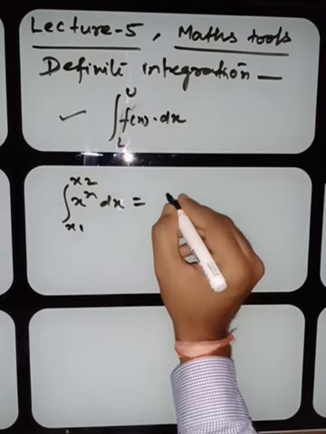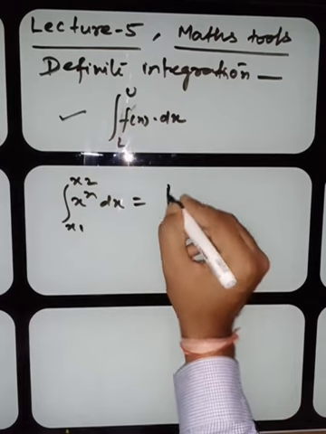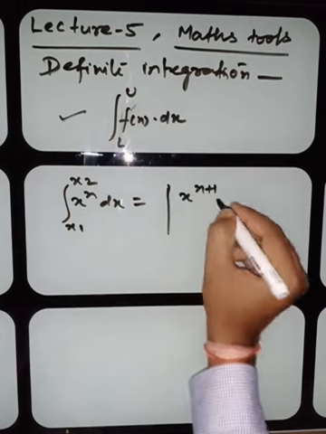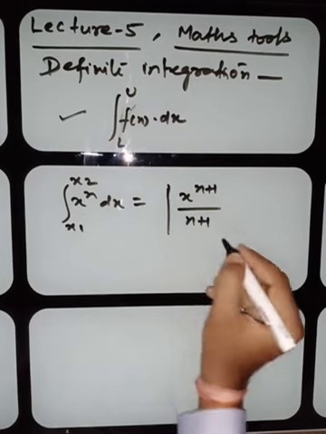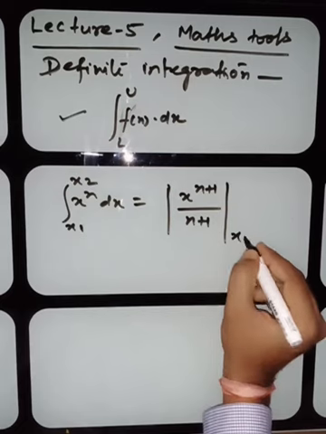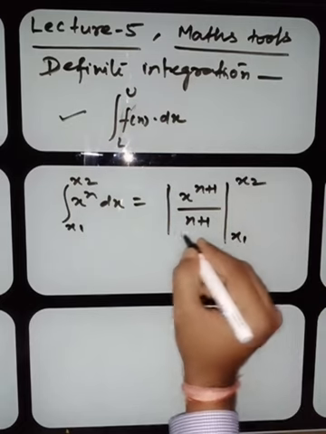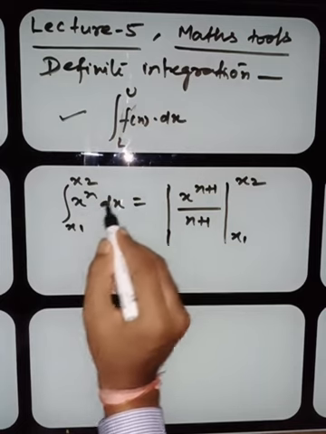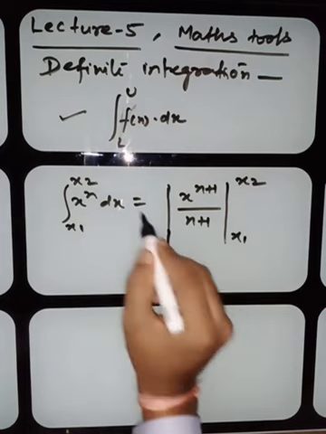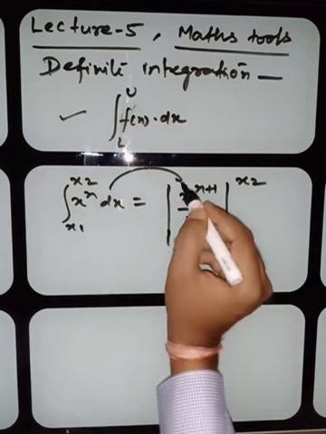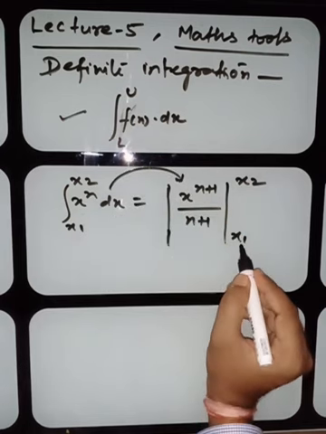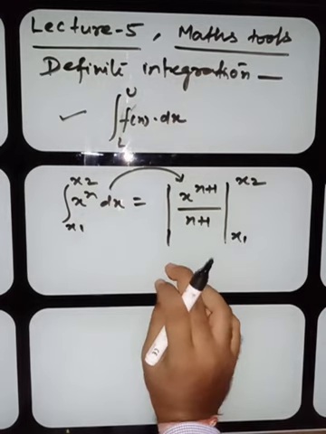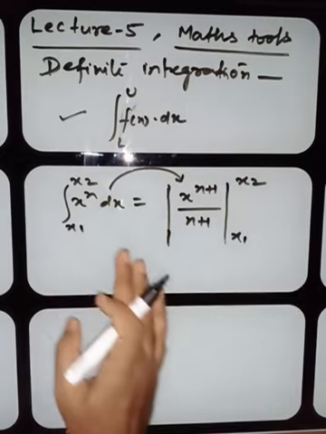First you take a big bracket, also called the bar: x to the power n plus 1 divided by n plus 1, with limits x1 to x2. Try to understand, my dear students. You have to integrate and write it in the big bracket, followed by the limits, lower limit x1 and upper limit x2. This is the first step.